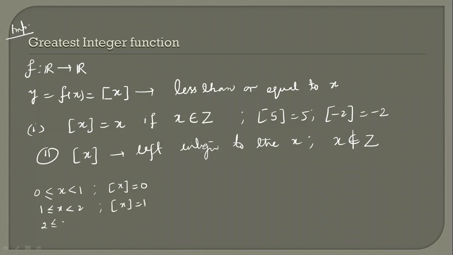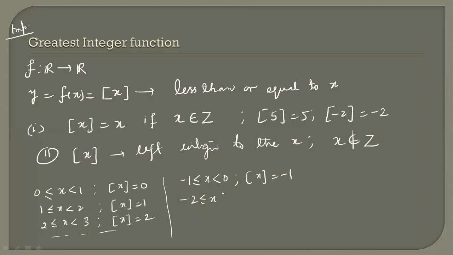Between 2 to 3, open at 3, it will be 2. Similarly, we can draw for negative also. Minus 1 to 0, it will be minus 1. Minus 2 to minus 1, open at minus 1, it will be minus 2, and so on.